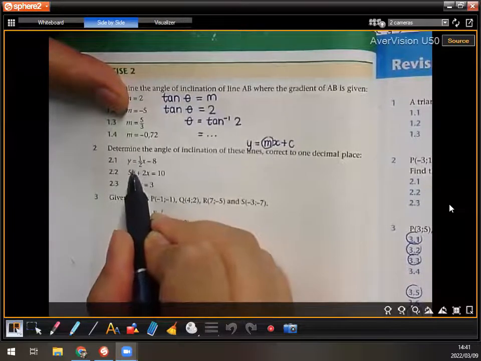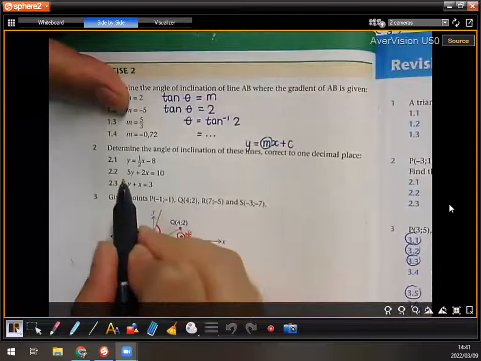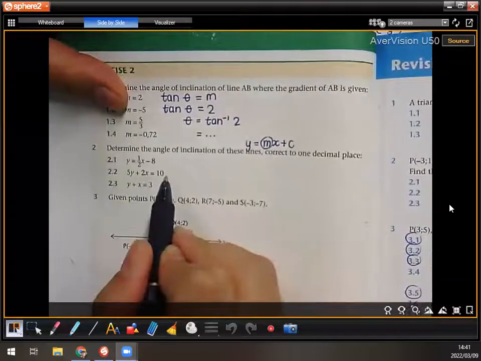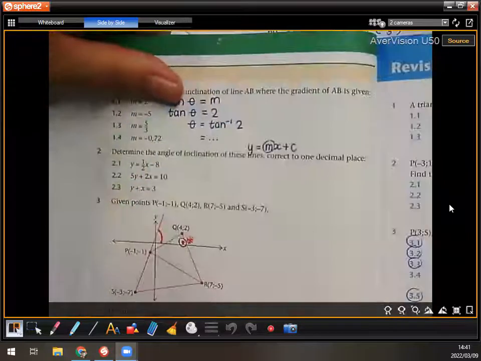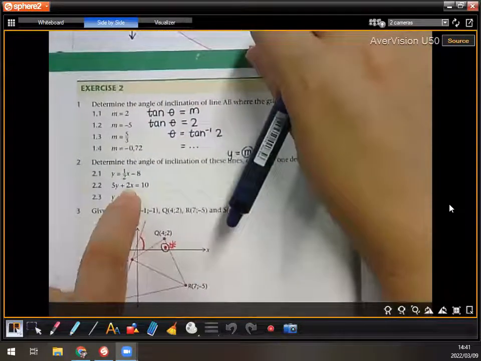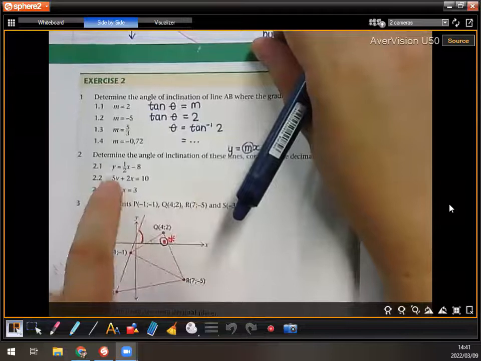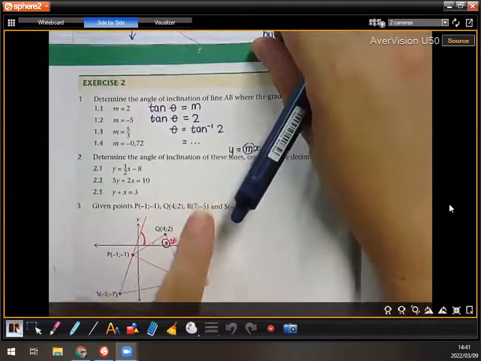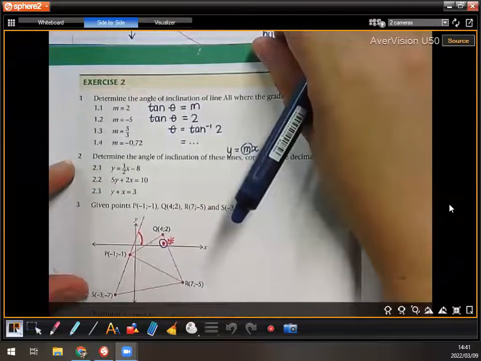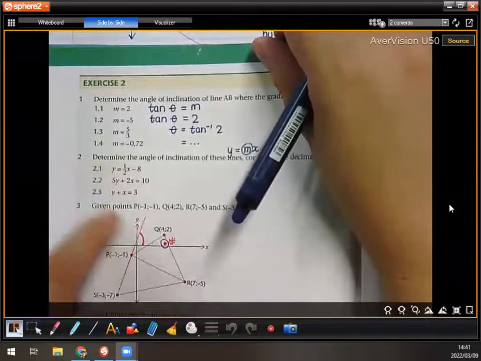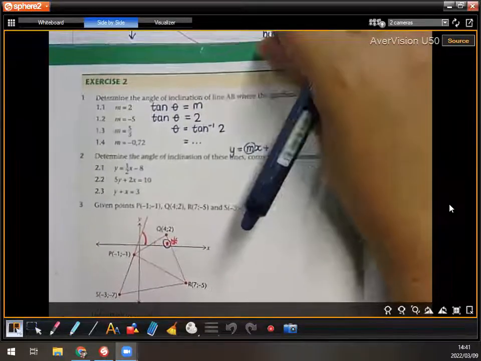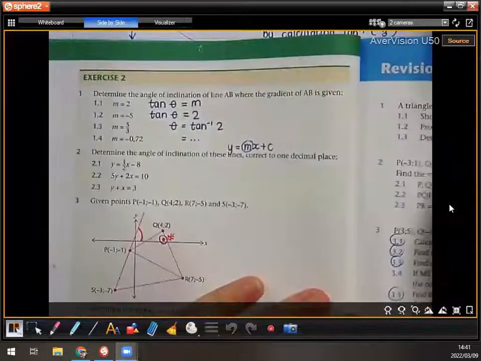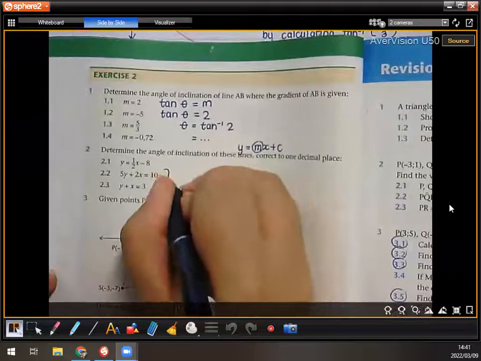A half. For the second one, guys, is this one written in standard form? No, so I can't say what m is here. You first have to move the 2x to the other side and then divide by 5. All right, so for the last two, 2.2 and 2.3, first need to write those in standard form, y equals mx plus c, so that you can see what your m value is, and then you find the angle of inclination.